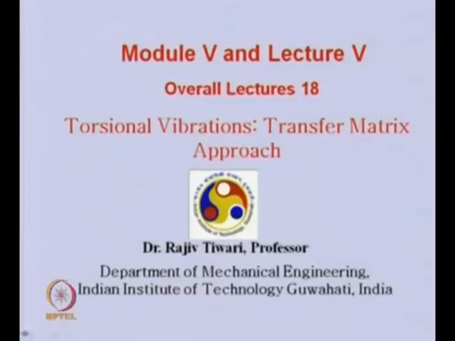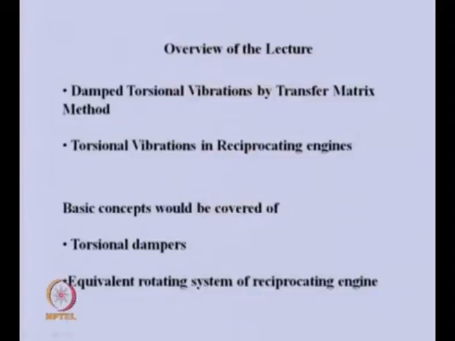So, let us see the objective of the present lecture. We will be analyzing damped torsional vibration. We will be extending the transfer matrix method for this, and another topic is torsional vibration of a reciprocating engine.